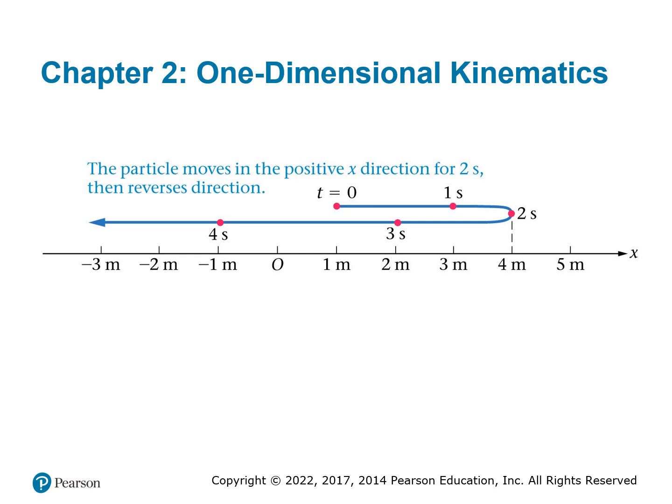Sometimes for students it's easier to see this using some sort of number line. So in this example, they have a particle and it moves in the positive x direction. So it's going horizontally. If you think of a graph, x is your horizontal axis. So it goes in the positive direction for 2 seconds and then it reverses its direction.